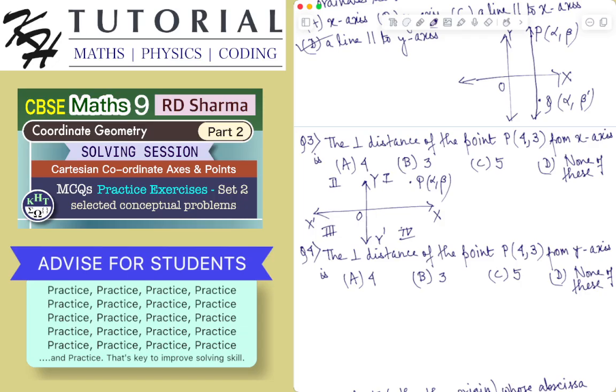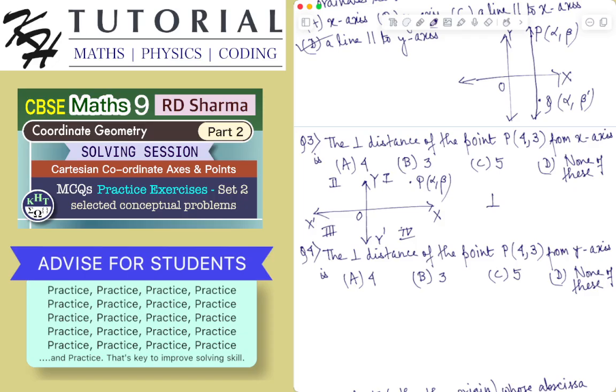So for any point P where the coordinates are alpha comma beta, we don't know. Even though I have drawn the point P in the first quadrant, it could be anywhere. So the distance of any point from the y-axis is always the abscissa or the x coordinate, but it will be modulus of the abscissa.